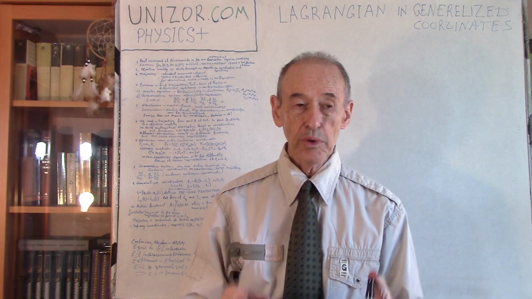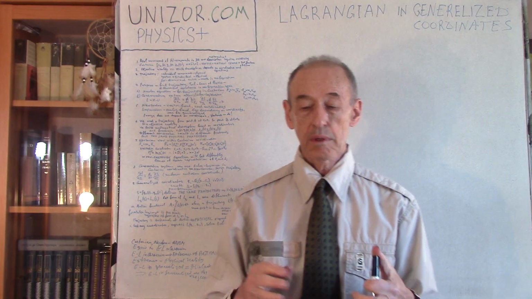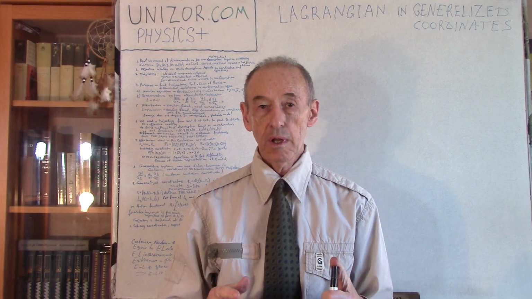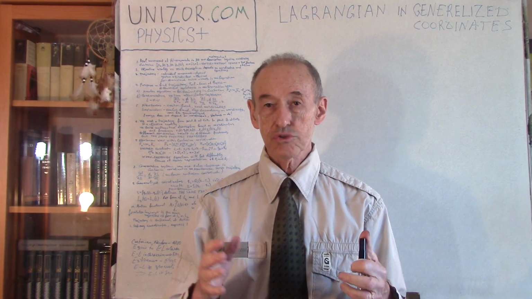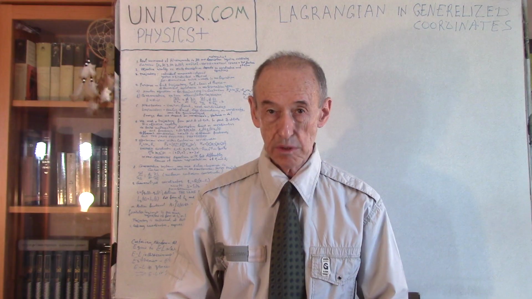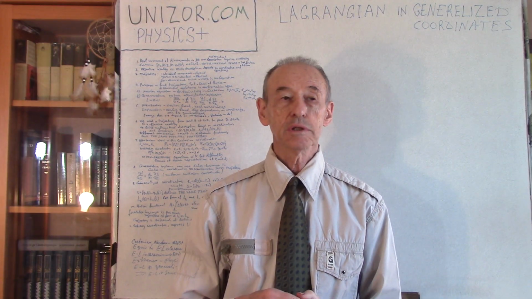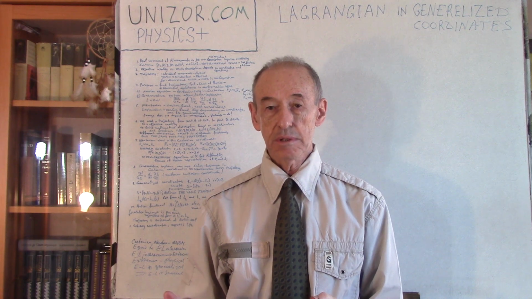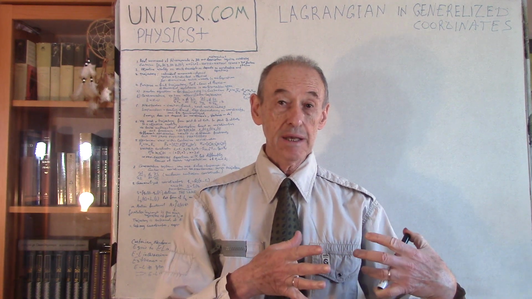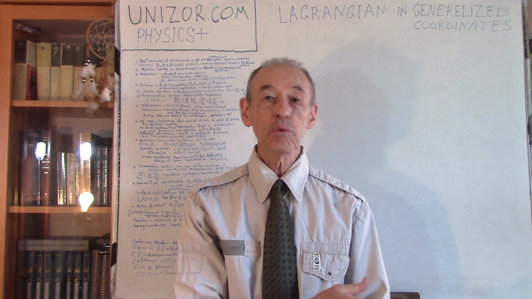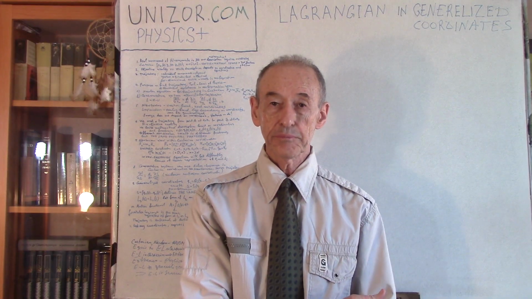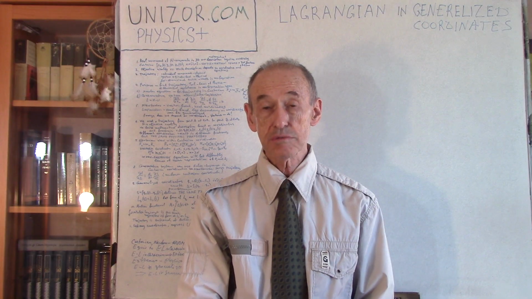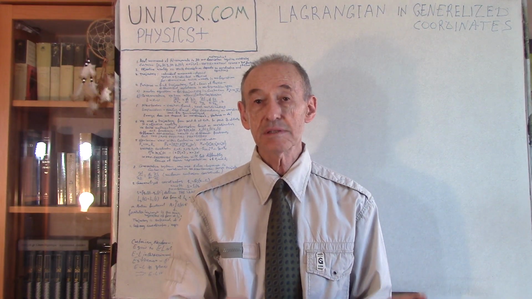The point I would like to make is that the same approach, which is the Euler-Lagrange equation and solving this equation with certain initial conditions, is applicable in any system of coordinates, versus, let's say, Newtonian second law, which is only applicable to Cartesian coordinates, because there are forces and accelerations involved. What's acceleration? Acceleration is a vector.